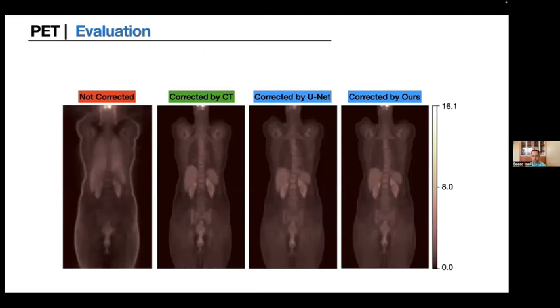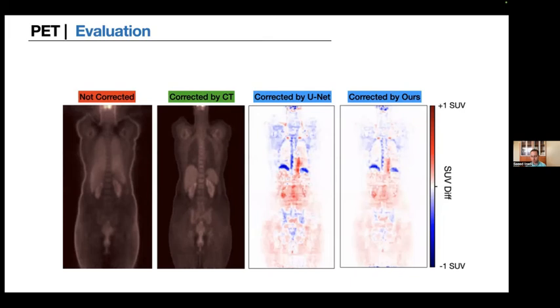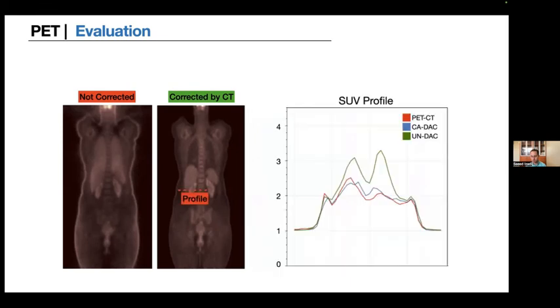Here are the evaluations. So the first column is the non-corrected PET image. The last column is the desired output, which is corrected by the CT information. The third column is the corrected image with UNet, and the fourth one is the corrected image with our method. Obviously, here you cannot see the differences, but once we look at the quantitative errors, you can see that once we use the context-aware convolutions in our architecture, we can get lower errors for different organs and regions in the body.